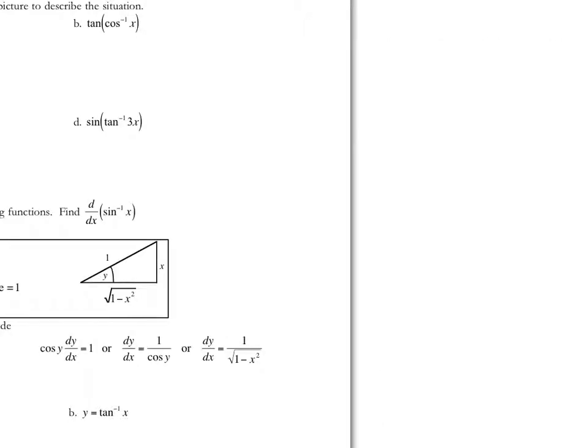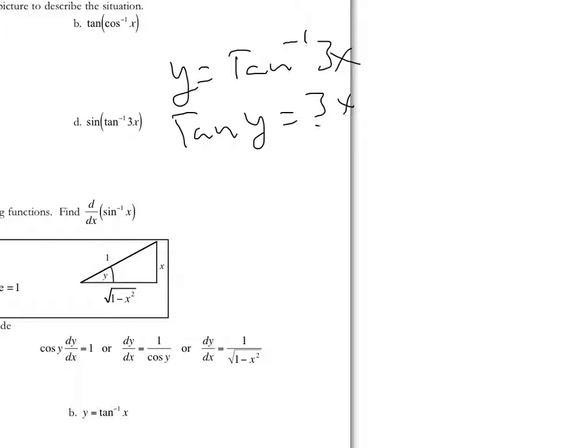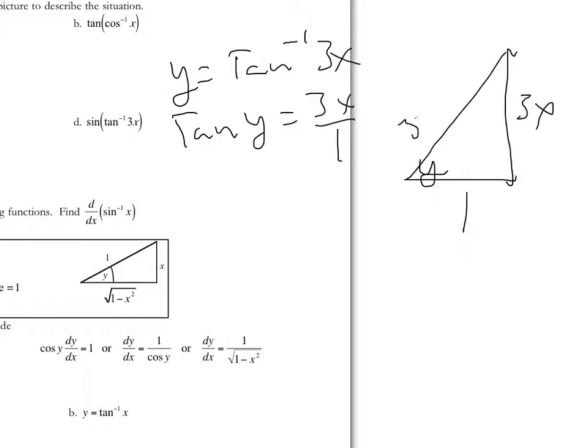So one last one. y equals the arctan of 3x. So the tangent of y equals 3x over 1. Here's our triangle. Here's angle y. The opposite side is 3x. The adjacent side is 1. The Pythagorean theorem says 3x squared plus 1 squared, and then we take the square root.